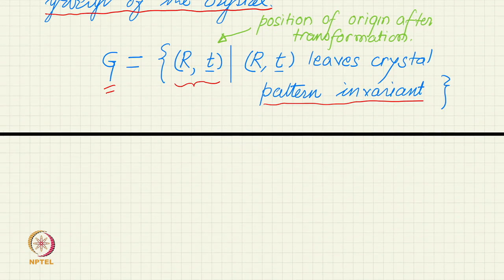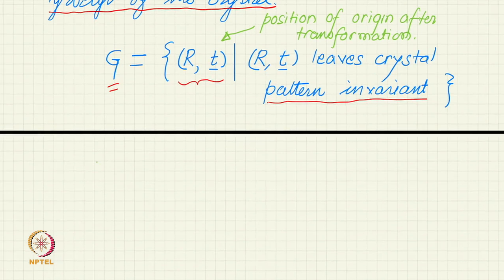So, to prove this fact, all you have to do is to apply your RT to the 0 vector, which is representing the origin. Or you can write it as a column vector. So the origin is represented by 0 0 0.